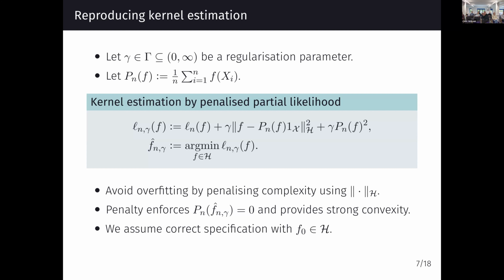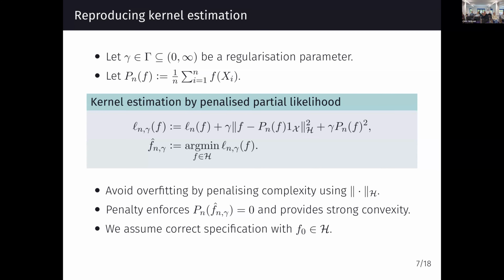Of course, I really want to subtract off the expectation of f, but I don't know that, so I replace it with its sample average. The final term is essentially there to enforce that the empirical measure on our fitted function is 0, and this provides strong convexity. So this gives us a stronger guarantee on the convexity of this function, and it is important for optimization.